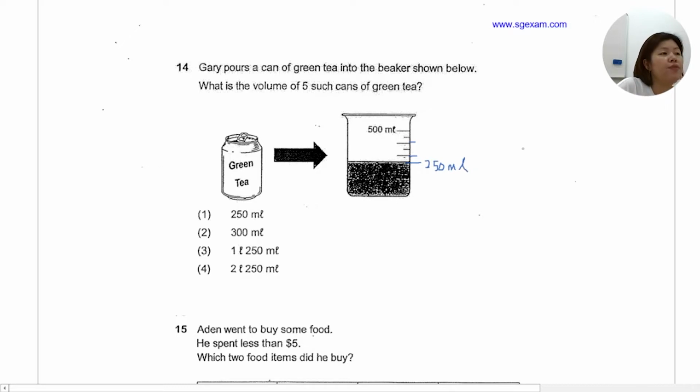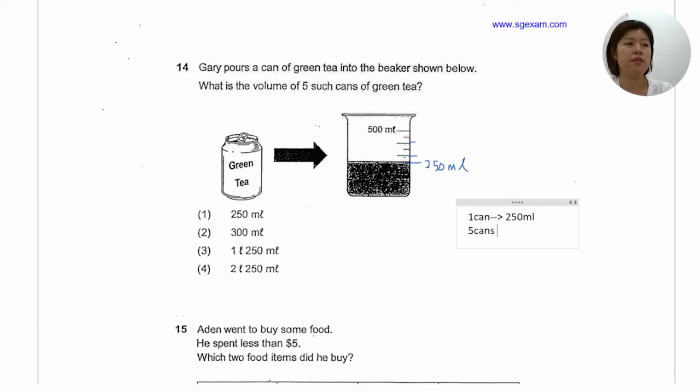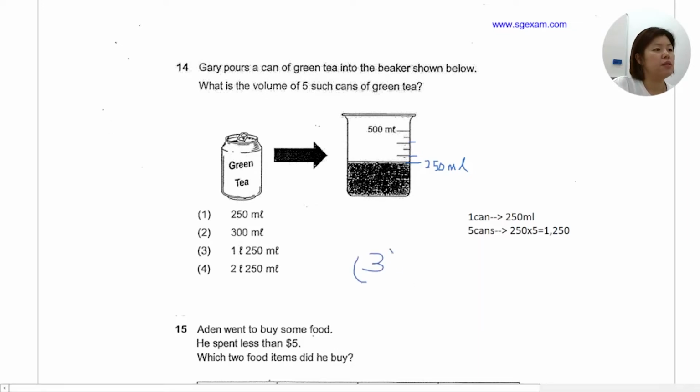Okay, so 1 can is 250. So 5 cans will be 250 times 5, which will give you 1,250. So answer number 3.